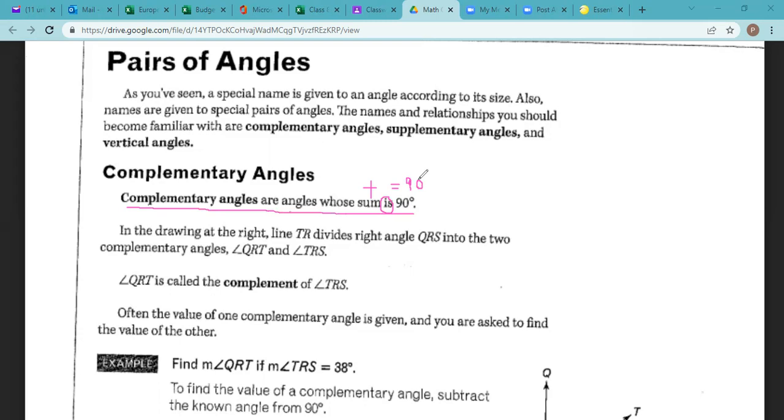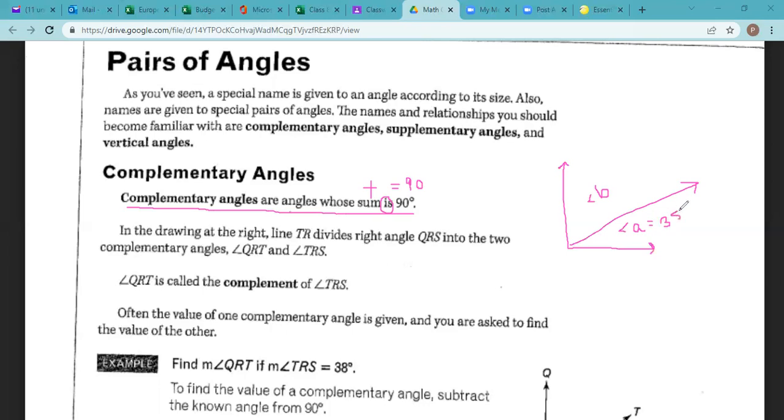So let's say, for instance, we had this right angle, because that is 90 degrees. Whenever you have a complementary angle, it will always be a 90-degree angle. Let's say I cut this into two pieces, right? I'm going to have angle A here, and angle B over here. And what if I said that angle A is 35 degrees?